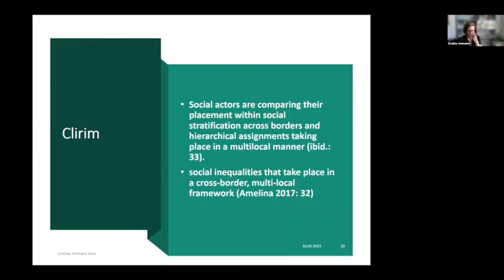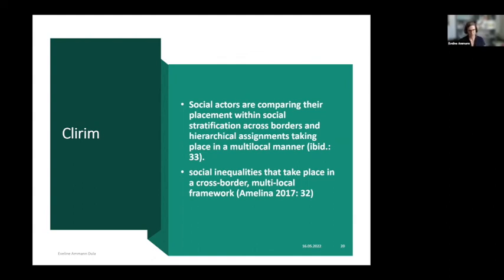So what we can see from his case is that social actors compare their placement within social stratifications across borders, and hierarchical assignments take place in a multi-local manner. He could use his experience from Switzerland there for upward social mobility, but at the same time it didn't work the other way around, because in Switzerland he really had nothing.